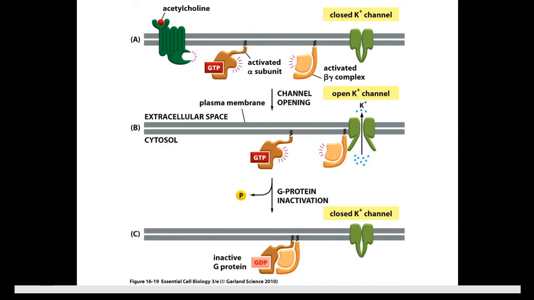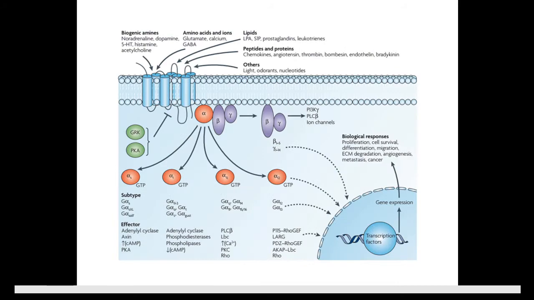After releasing a particular amount of potassium, the G protein gets inactivated. After inactivation, it goes back to its original form. It's a one-step process of ion channel opening. Likewise, we have different calcium and magnesium processes. This is the overall activity of the G protein coupled receptor.